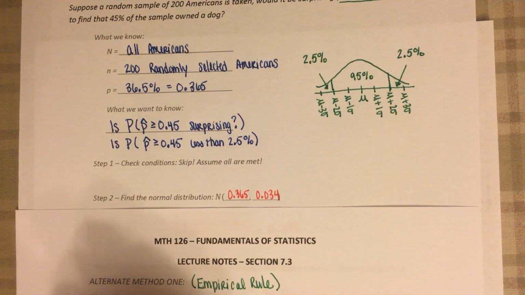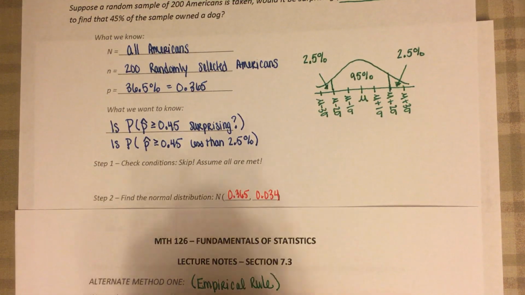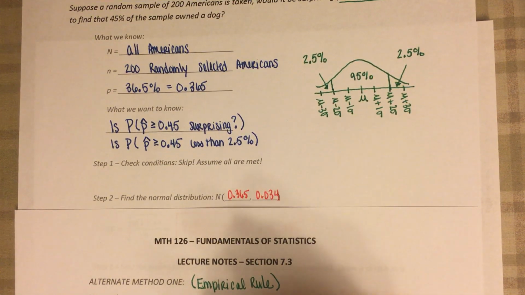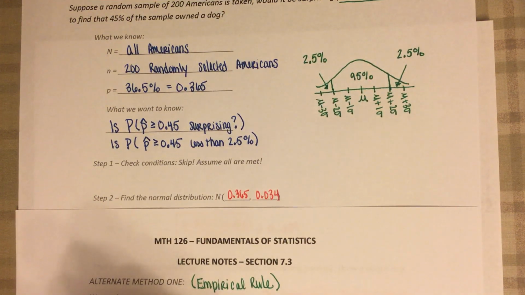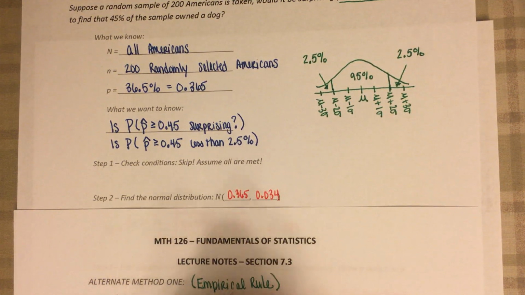And then we could say, since 45% is more than 43.3%, which is 2 standard errors above the mean, yes, it would be surprising.